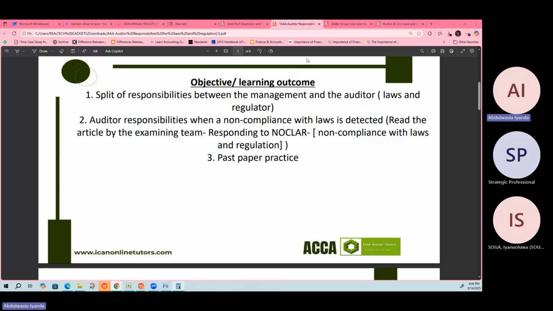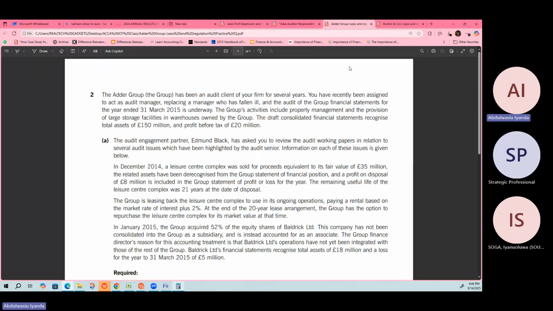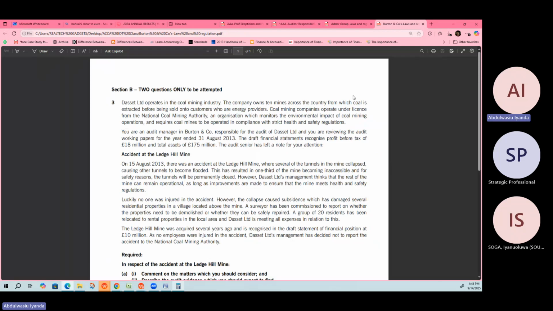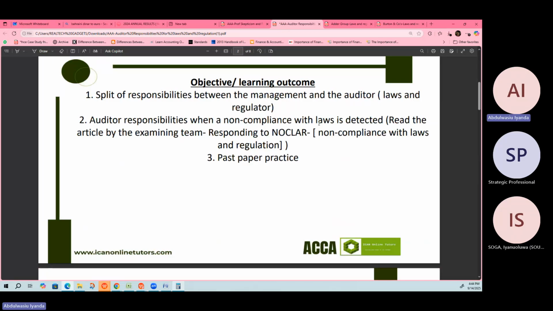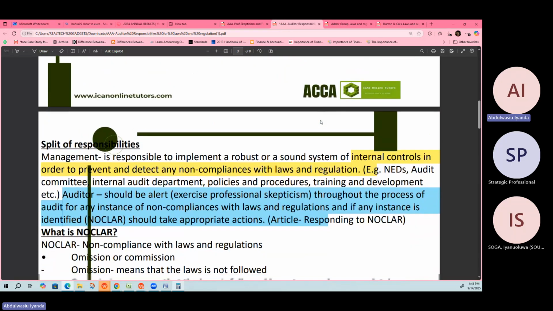There are basically two practice questions so far that we'll be looking at, one on auditing groups and one on laws and regulation. So there are just three things here, which is our focus: the responsibility of the management, the responsibility of the auditor, and some practice questions.